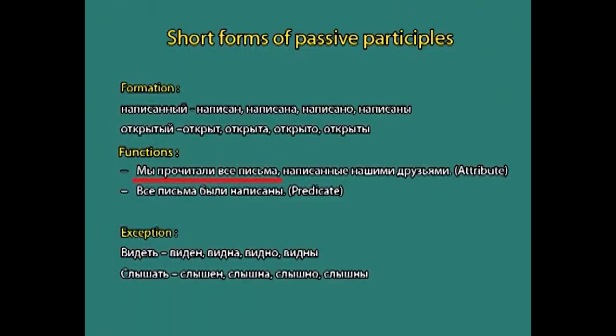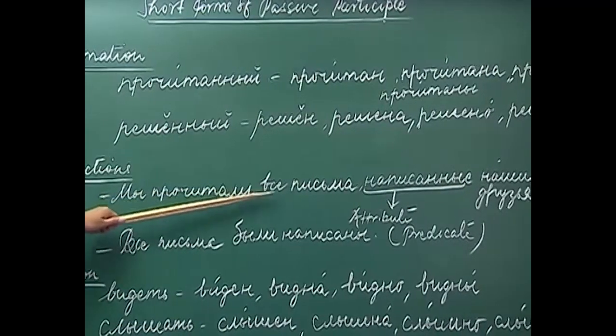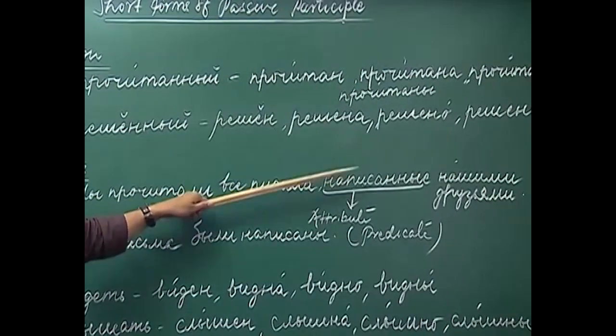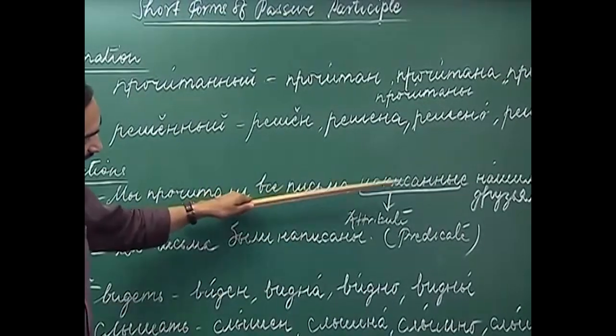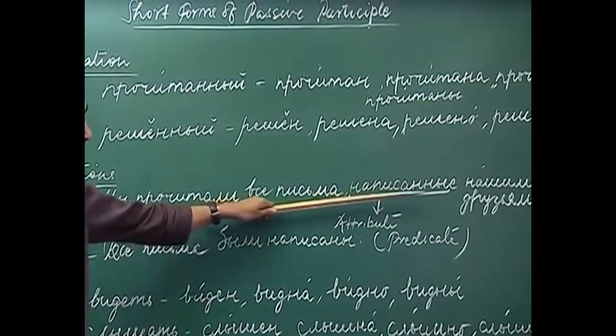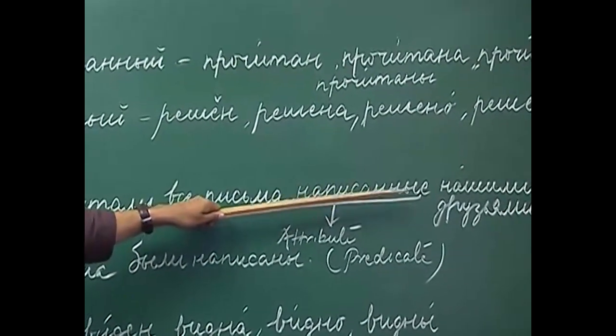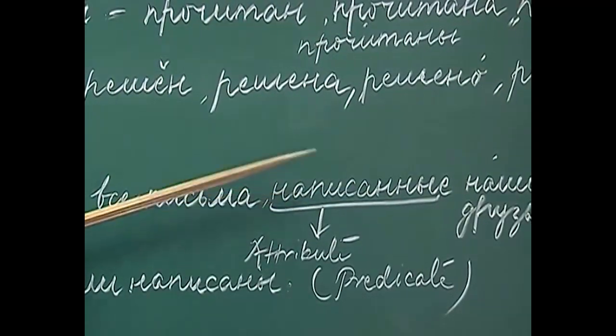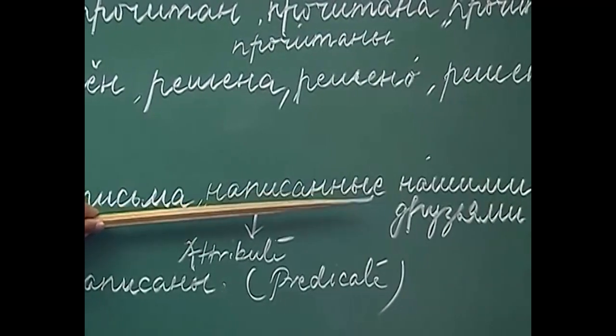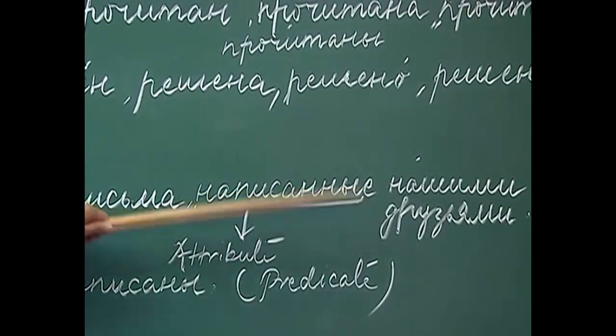Mui prachitali vsie pisma napisaniye nashimi druziyami. So, we read all the letters which were written by our friends. So, here we are using the full form of the passive participle, past participle passive. From napisaj we form the past participle passive napisanni.